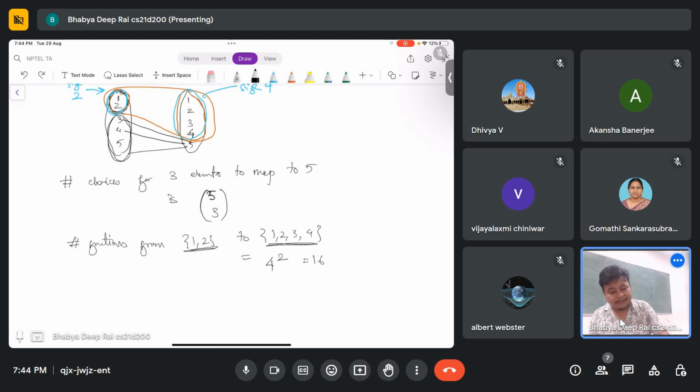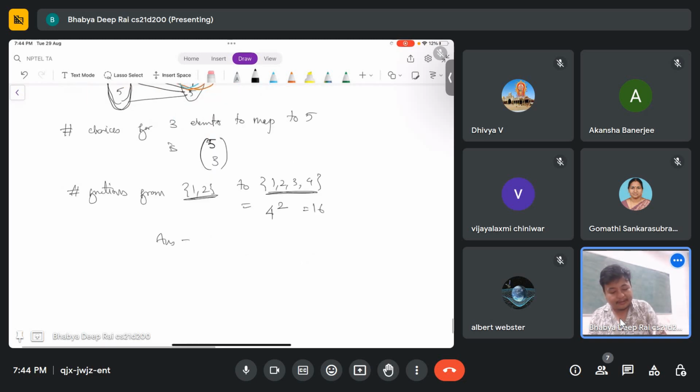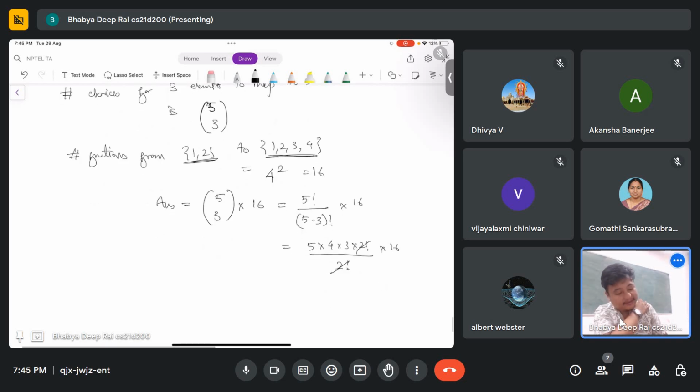So the answer is 5 choose 3 times 16, which is 5 factorial divided by (5 minus 3) factorial times 16, which is equal to 5 times 4 times 3 times 2 factorial divided by 2 factorial times 16. I'll cancel these, and now this is 60 times 16.